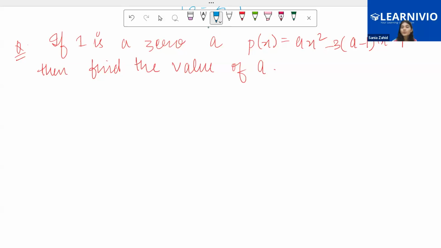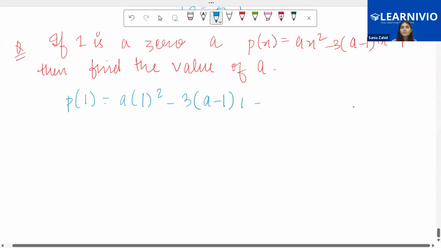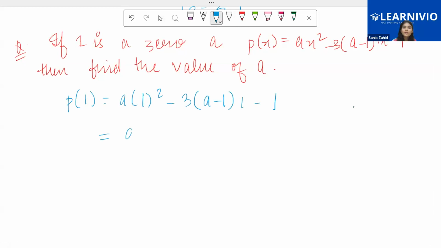Look on the screen. What we have is given 1 is a 0. So if 1 is a 0, a into 1 square minus 3 into a minus 1, 1 minus 1. So it gives you a minus 3a plus 3 minus 1.